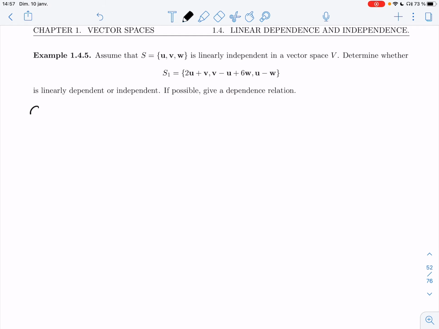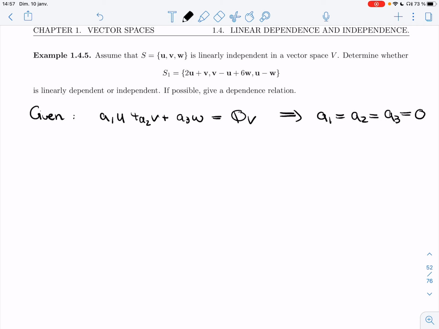What we're given is that if I manage to write a1u plus a2v plus a3w, and this gives you 0, then that means that all the constants in front of our elements need to be 0.